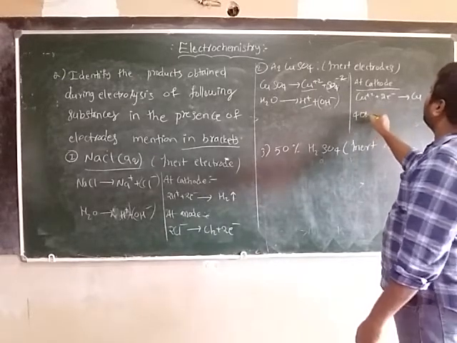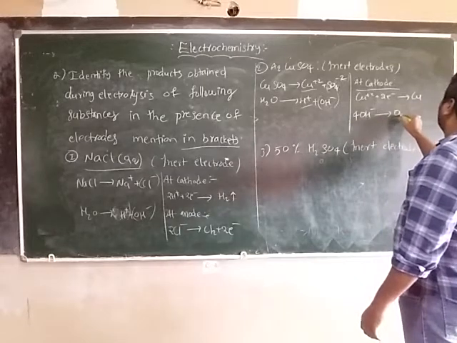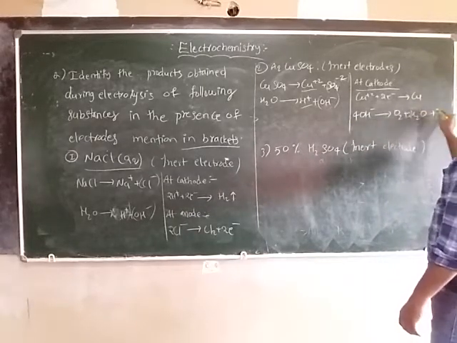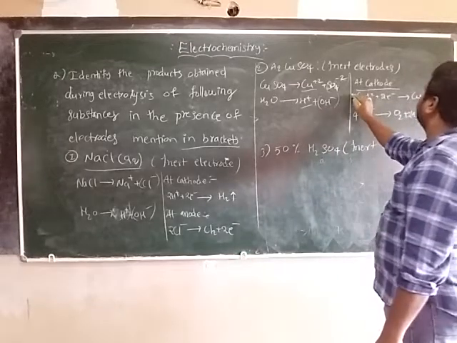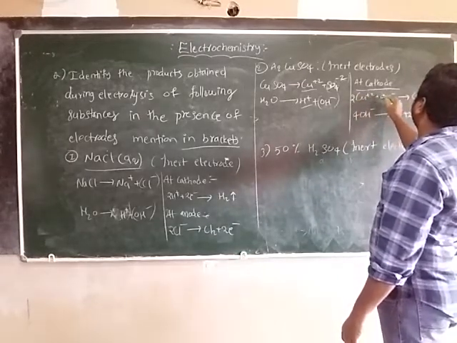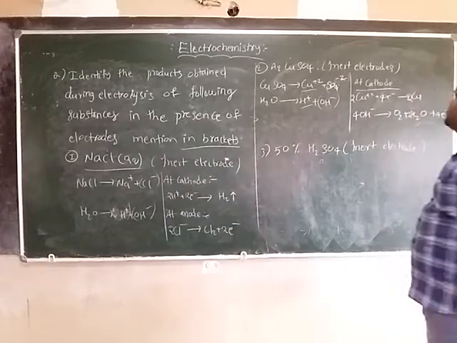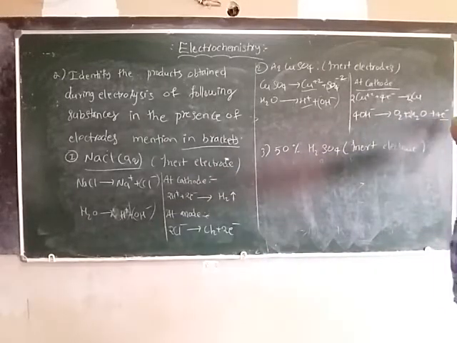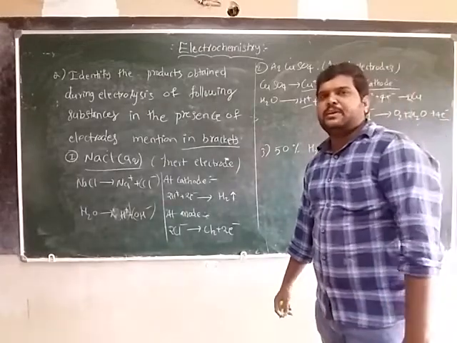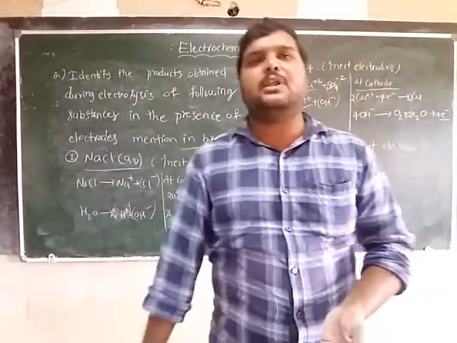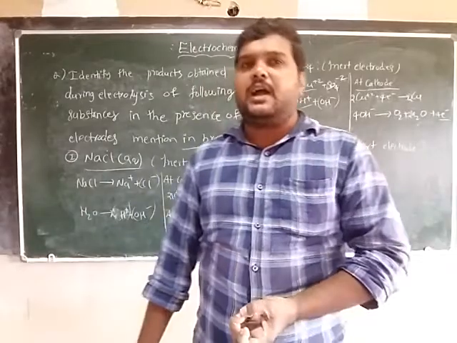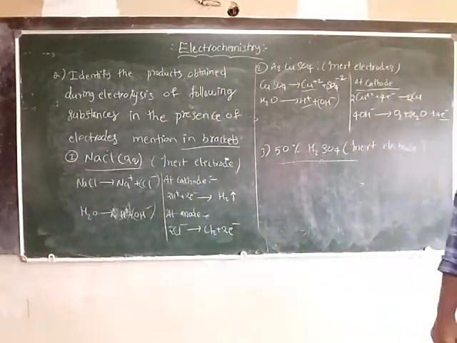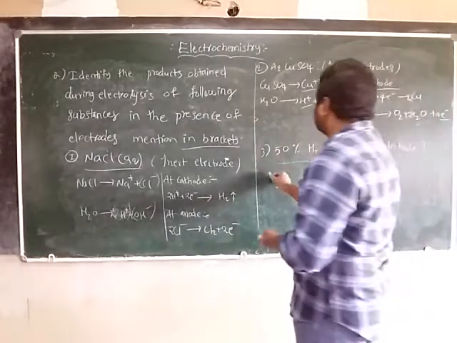So 4OH- gives O2 plus 2H2O plus 4 electrons. Total 4 oxygens, 4 hydrogens and 4 electrons. So here we have to remember which has the lower discharge potential and which has the higher discharge potential.